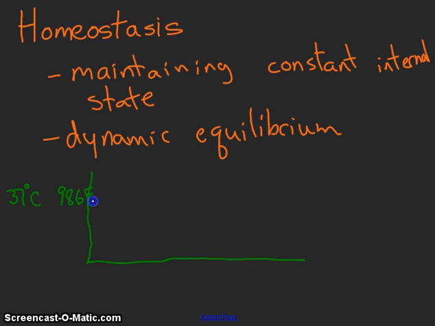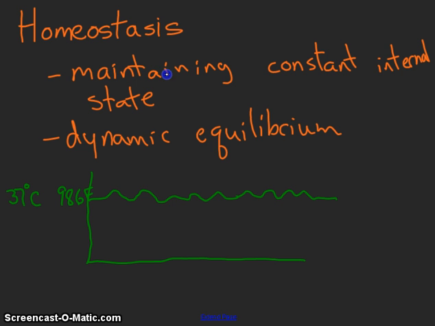Well, if we look at this graph, we would see that throughout the day, our body temperature is going to fluctuate. Go up a degree, go down a degree, or half a degree. So we're going to see something that looks like this.